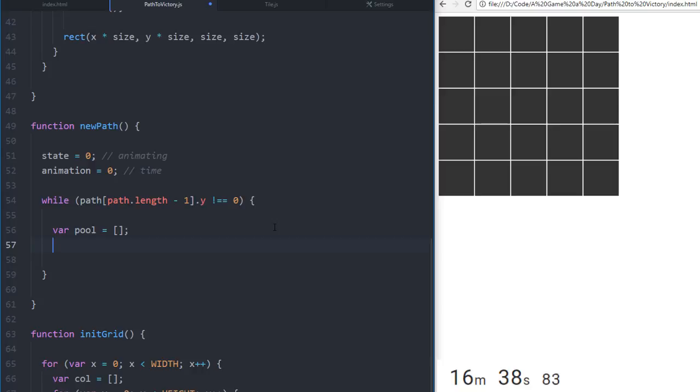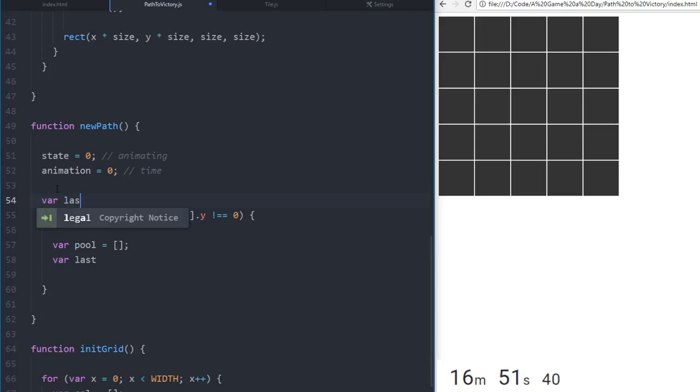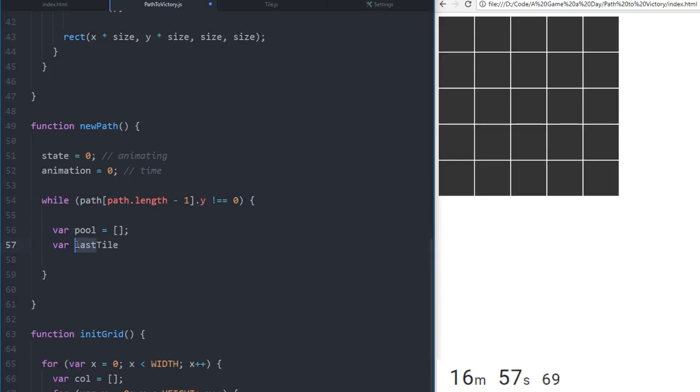So we need to say var last, we'll just say var last tile. No, we can just say prev tile. Previous tile equals this. There we go. Or it equals the whole thing. There we go.